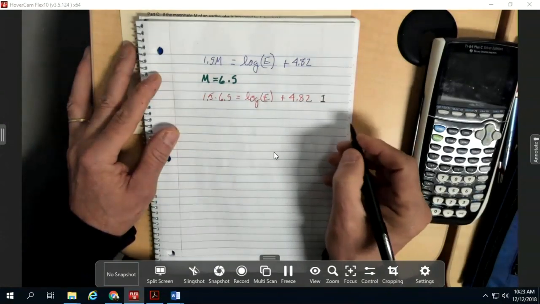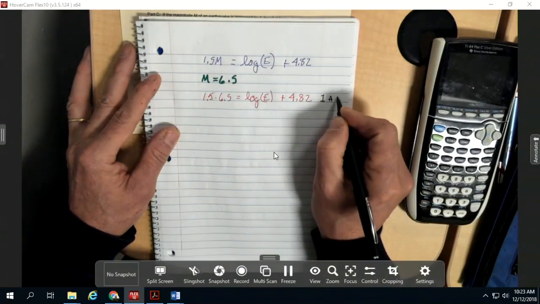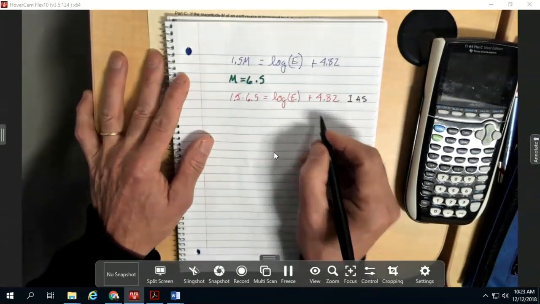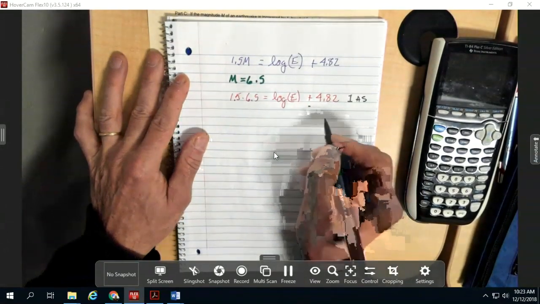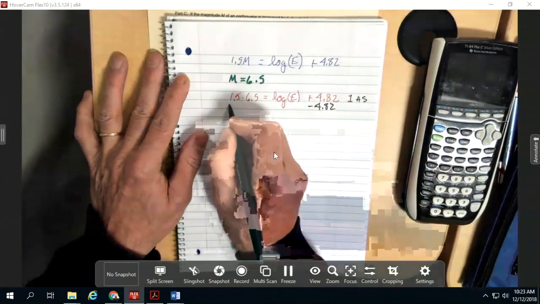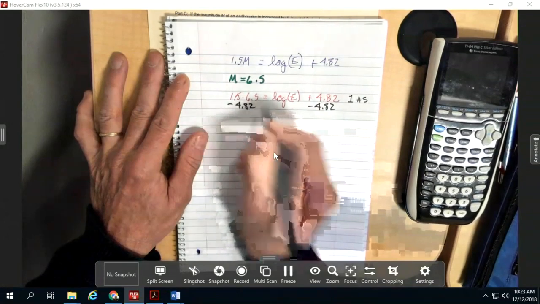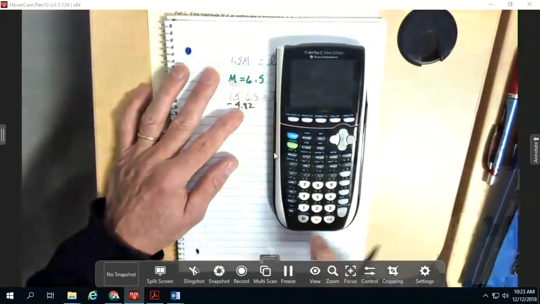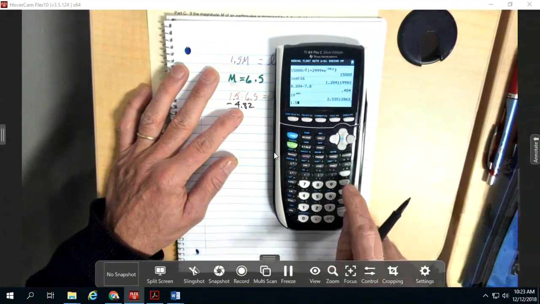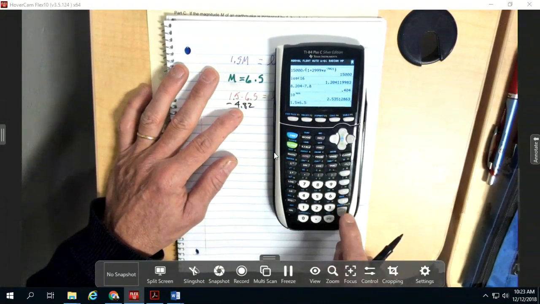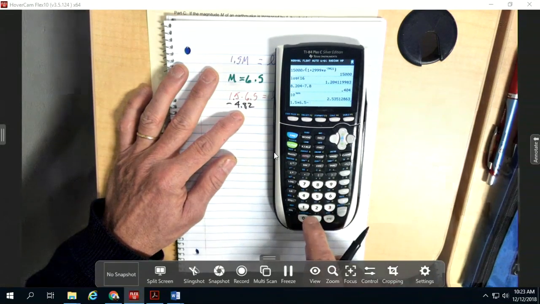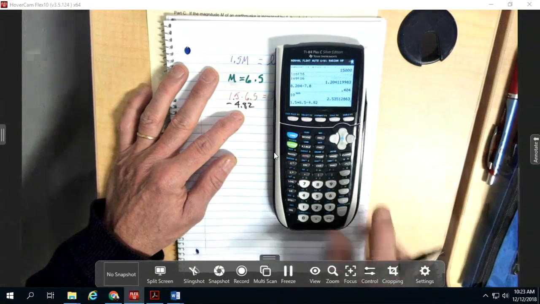What do you always do first? Additions and subtractions. In this case, what are we going to do? Subtract 4.82 from both sides. Good. So I'm going to take 1.5 times 6.5 and subtract 4.82.